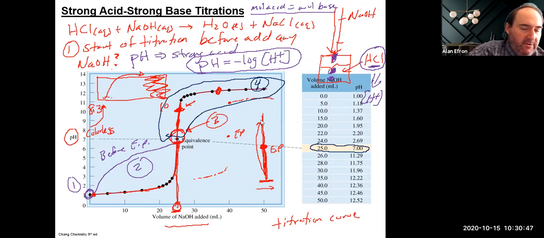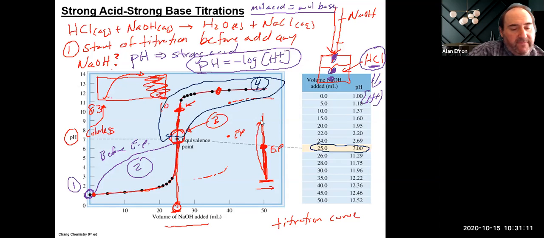Heading past the equivalence point, like we just did, requires one ice table, again done in moles. The purpose of this ice table is to figure out the concentration of your strong base, which will get you your OH minus concentration, and then your pOH and your pH.